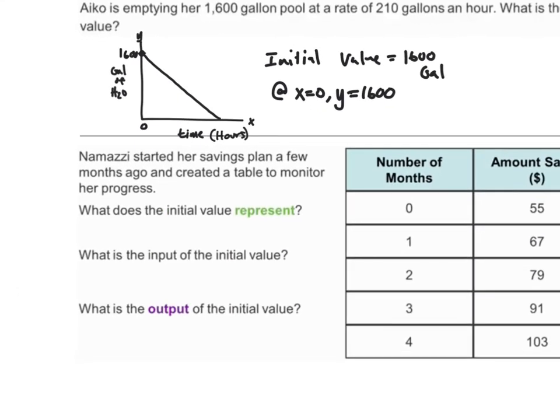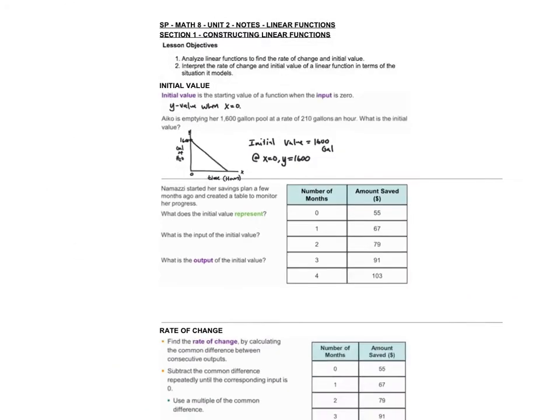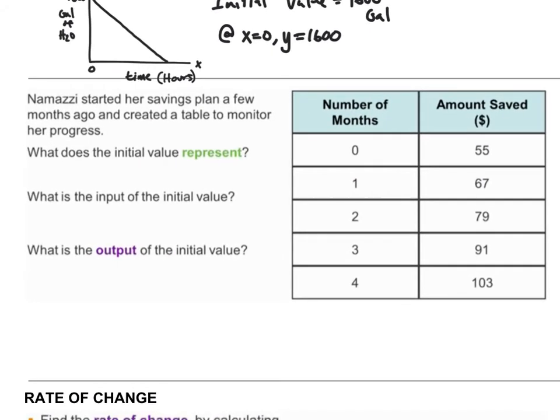All right, let's take a look over here on this one. It says Namazi started her savings plan a few months ago and created a table to monitor her progress. What does the initial value represent? So when the time is 0, how much money had been saved, okay?